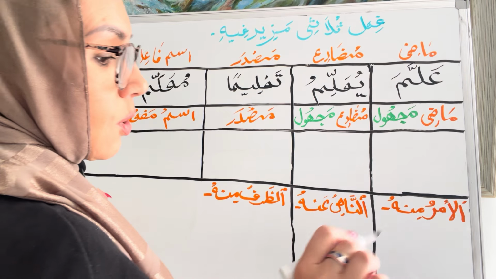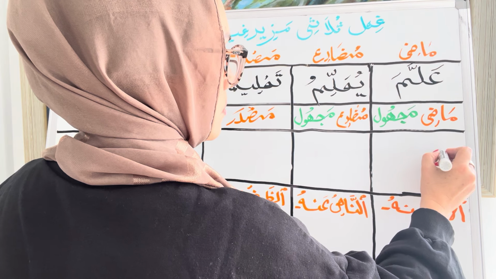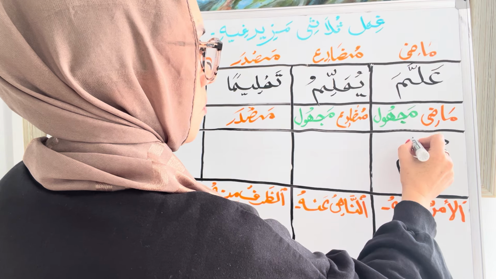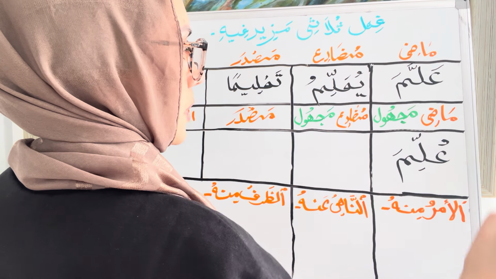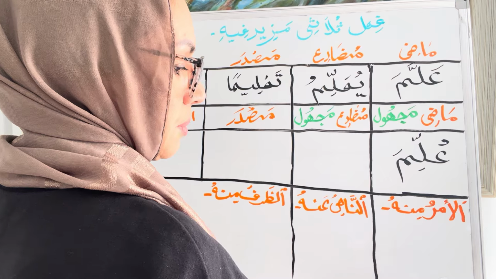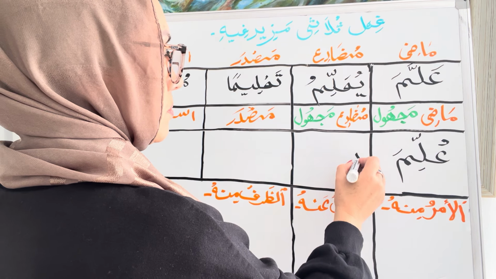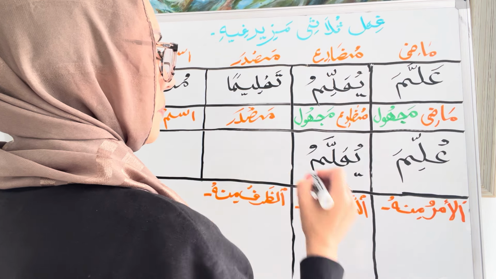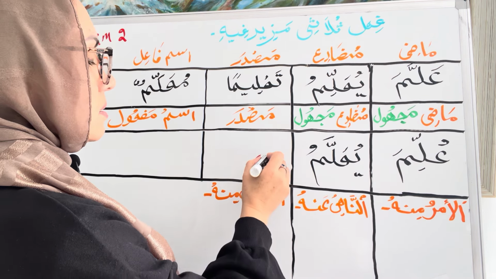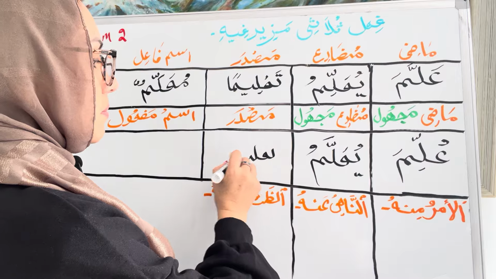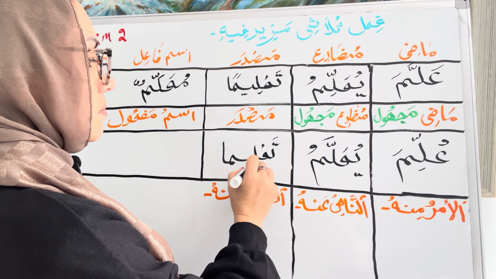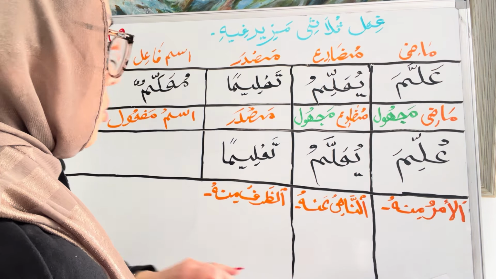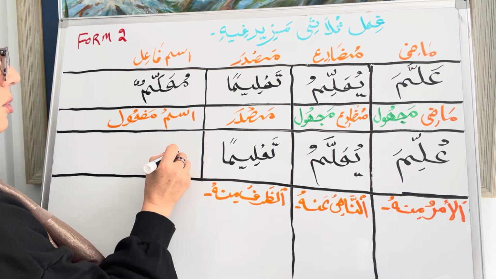So here it becomes ullima, and then it becomes yu'allamu. This stays the same, ta'liman. And then ism maf'ul becomes mu'allamun.